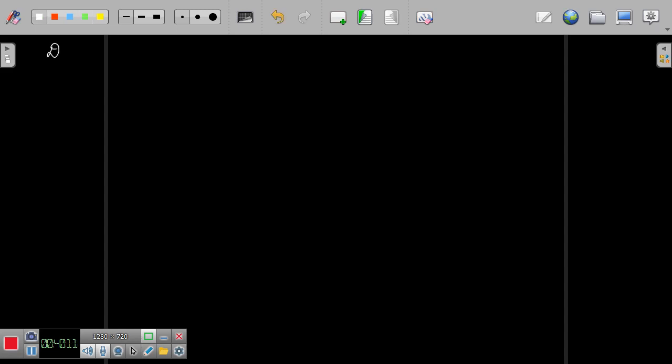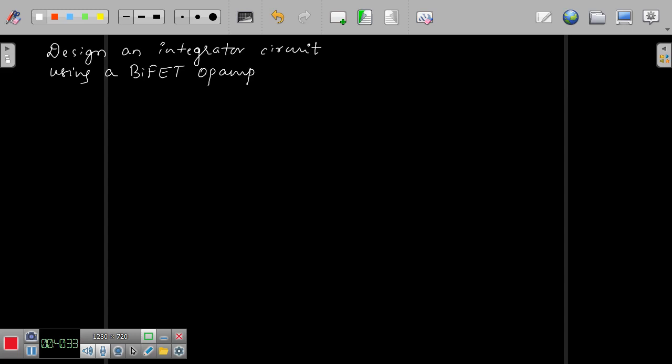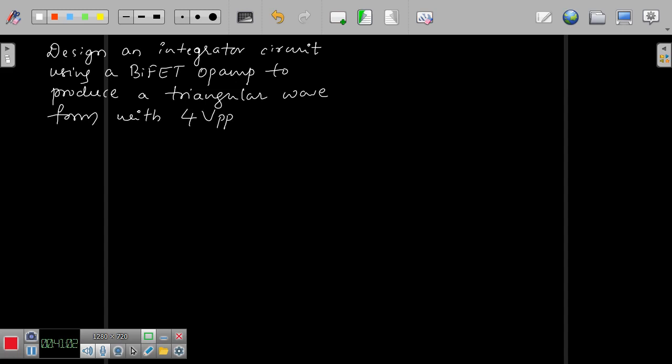Design an integrator circuit, a simple one, using a BiFET op-amp to produce a triangular waveform with 4 volts peak to peak. Please note this.